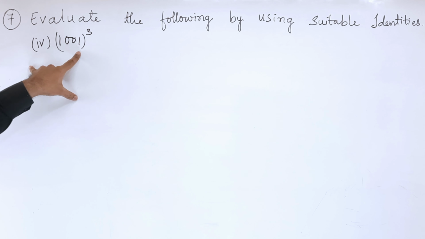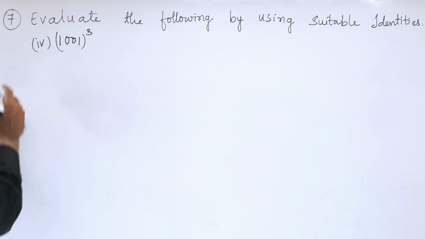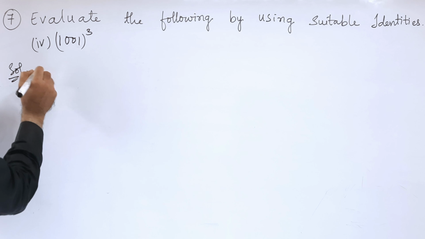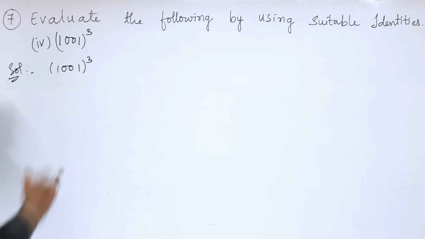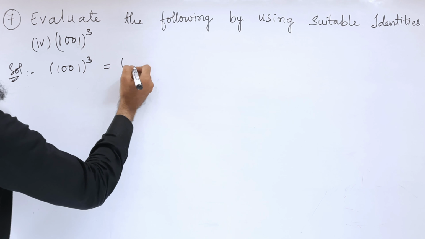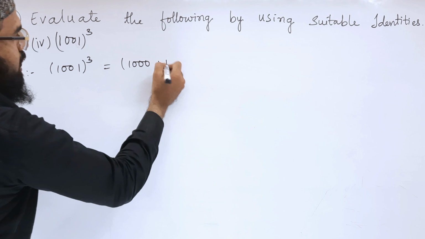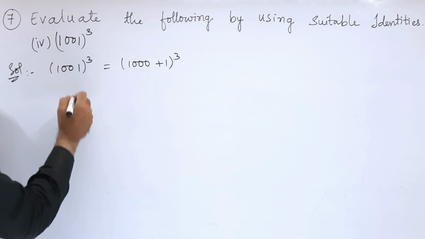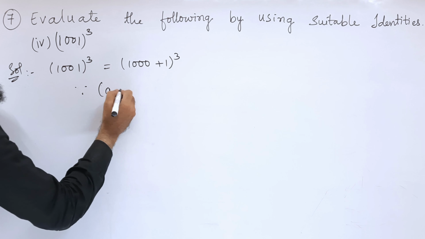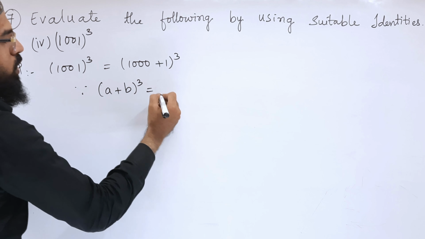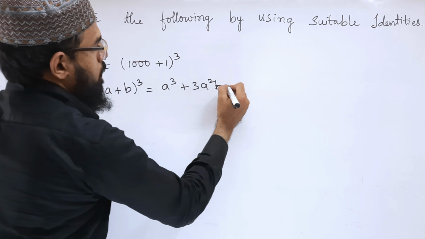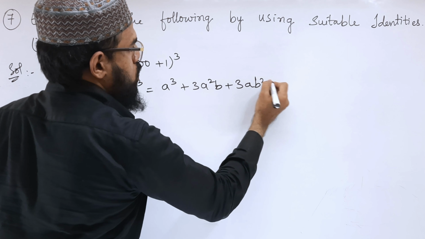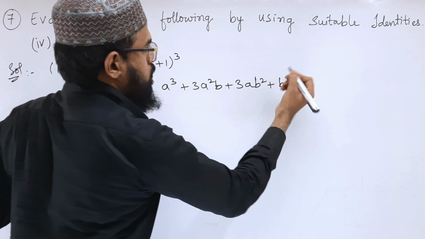Fourth one, 1001 whole cube. So in the solution, let us solve this. Given is 1001 whole cube. This can be written as (1000 plus 1) whole cube. So it is in the formula (a plus b) whole cube is equal to a cube plus 3a square b plus 3ab square plus b cube.